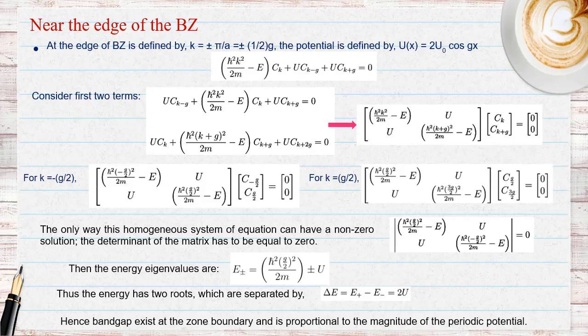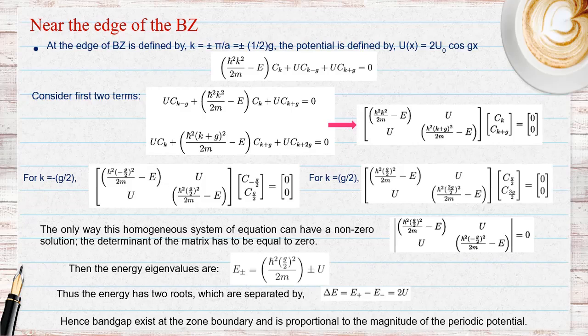Now we substitute for k at the zone boundaries. First at k equal to minus g by 2. So we just substitute for k here with minus g by 2. On substituting, you will get the equations corresponding to the coefficients c_(minus g by 2) and c_(g by 2).